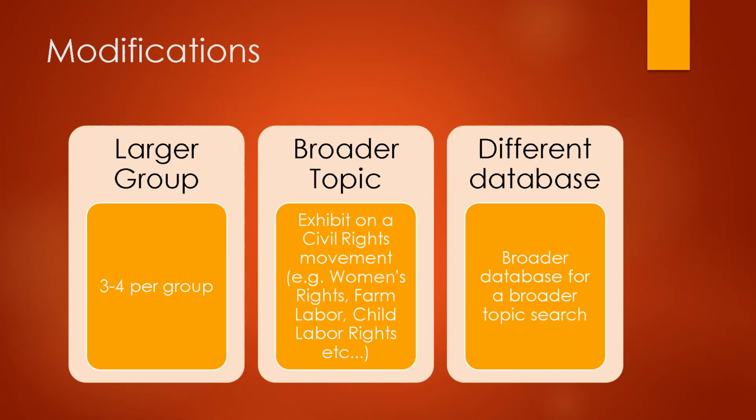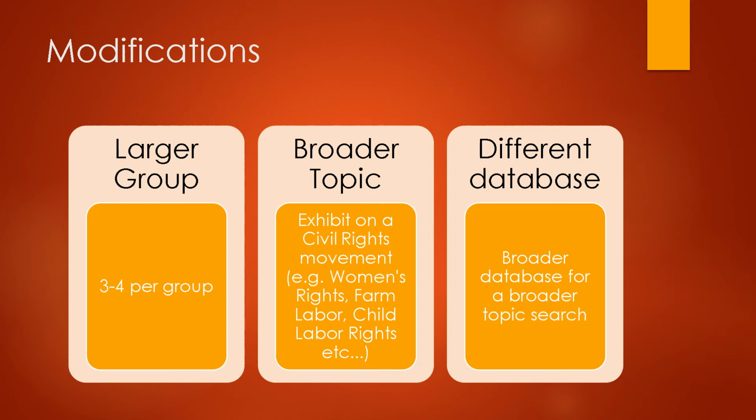All right, so modifications. I would definitely make some modifications to this lesson plan. The first thing I want to note is that this lesson was originally created for a college level class, and I will be teaching middle and high school. So one of the things I really want to do is make the groups larger.